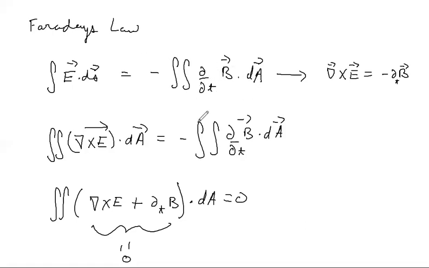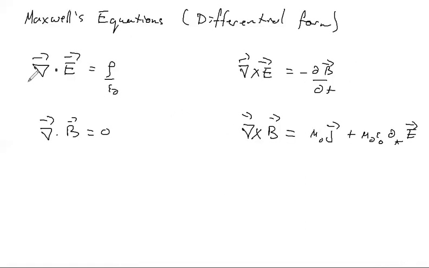These were spread out over space. These are non-local integral equations. Rewriting them in differential form gives you local statements. These are derivative equations. These involve information that is defined at each point separately. So this is the local version of Maxwell's equations, equations which are true at every local point in space and time.